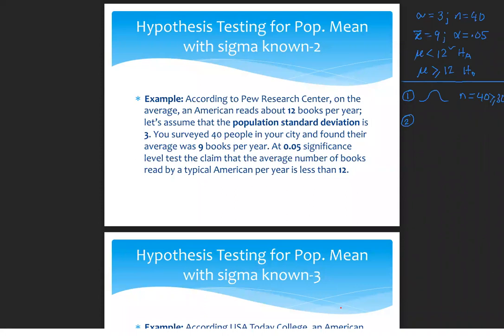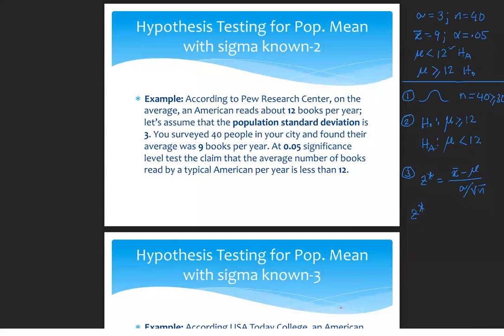And number 2, the null hypothesis is mu is greater than or equal to 12, and the alternative hypothesis is that mu is less than 12. Step number 3 is your test statistic: Z star is equal to x bar minus mu divided by sigma over square root of the sample size. We have everything that we need.